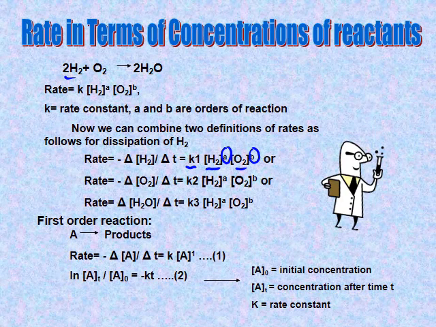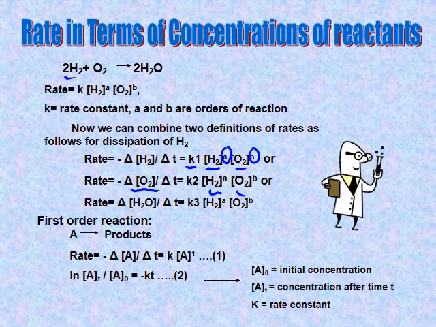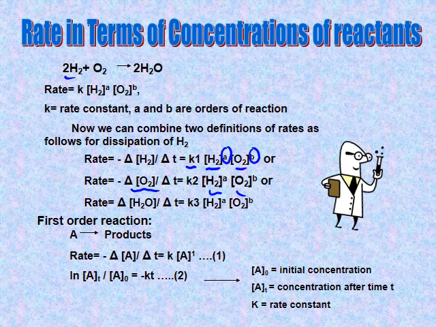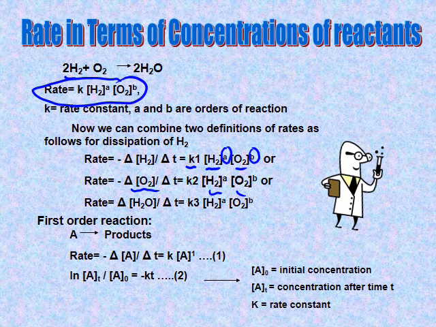Similarly, for the reaction with oxygen, again I can write down in terms of H2 concentration and O2 concentration. Remember, H2 and O2 will have to come close to each other. Probability increases as the number increases, and that's incorporated in this expression. That means you take the product of the concentrations.